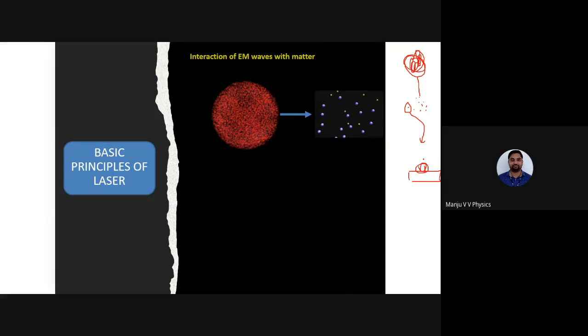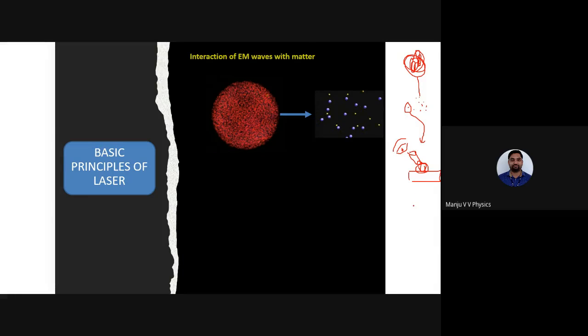This is your particle. If you observe it using a high resolution microscope, like a scanning electron microscope or transmission electron microscope, you can see different atoms. Again, inside the atom, there will be electrons and protons.